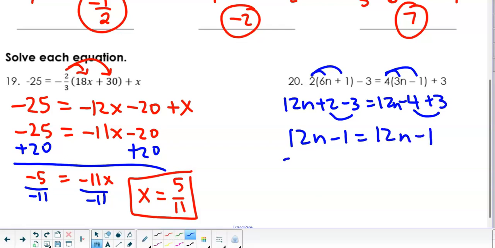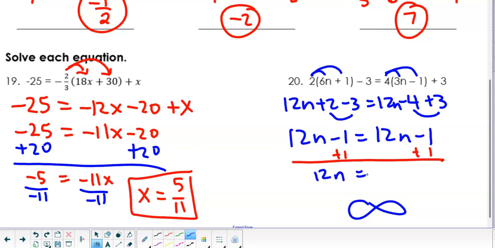Do you see it already? We have a perfect match. When you have a perfect match on both sides, that's infinite solutions. If you're not sure, you could always continue to use your inverse operations here until you see that it's a perfect match, or see that we have a sentence where 0 is equal to 0. And that concludes homework number 26.